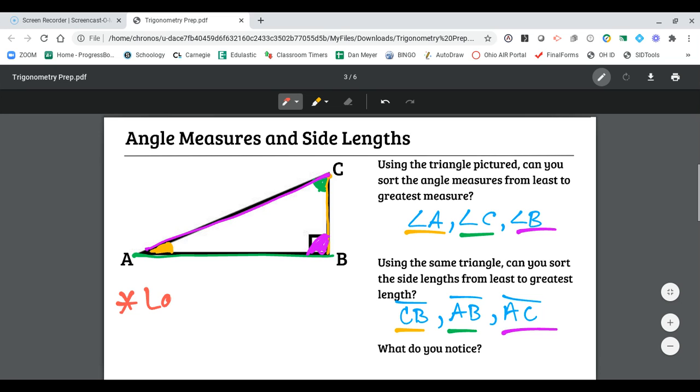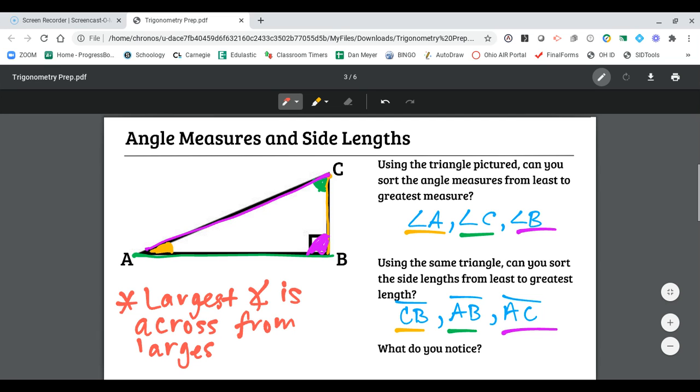So largest angle is across from largest side. And then we could keep going and say the smallest angle is across from the smallest side, and the middle-sized angle is across from the middle-sized side.